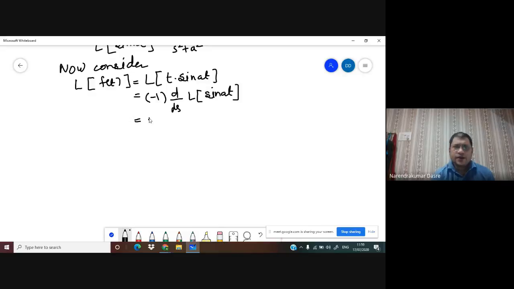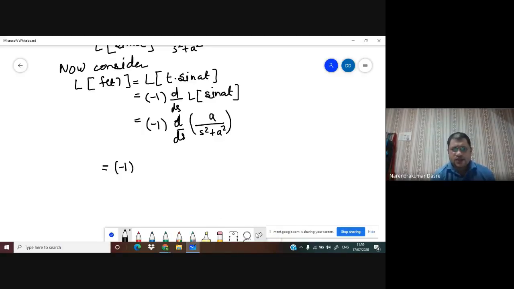What I'll get here is minus 1 as it is. Then I have d by ds of a upon s square plus a square, which we have already calculated. So minus 1 remains as it is.